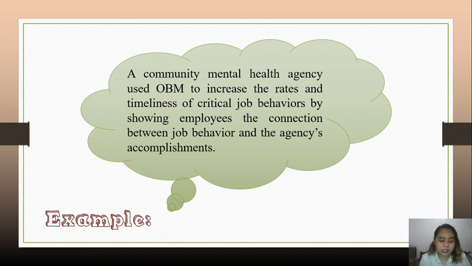So this process identified the job behaviors related to administration, record keeping, and service provided to clients. So feedback and reinforcement improve staff performance. And OBM also increased the frequency of safety behavior in processing plants. So giving feedback and reinforcement to the staff will increase their performance.